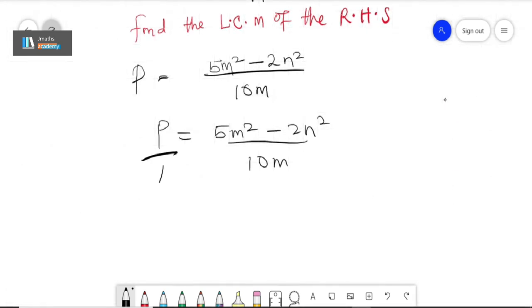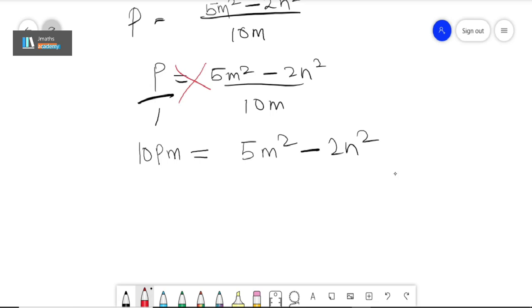So make P over 1 and then cross multiply. So we have 10mP equal to 5m squared minus 2n squared. Now to make n subject of the formula, we'll take 10mP from our left hand side to our right hand side, and take 2n squared from our right hand side to our left hand side.